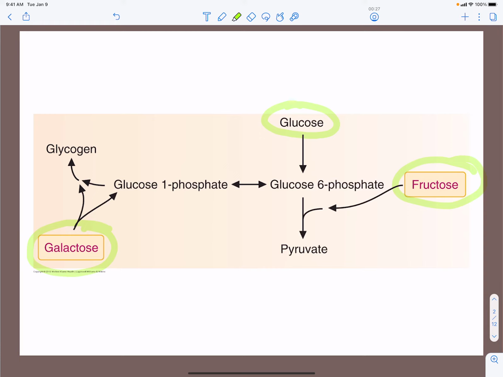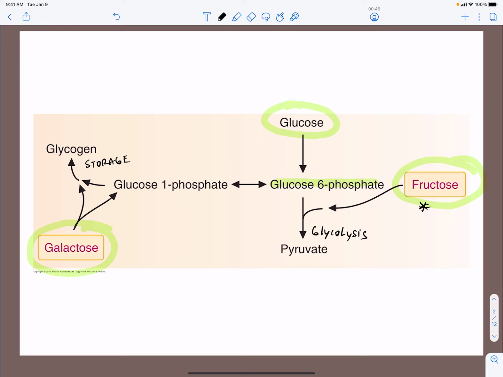And what you can see hopefully from this simple chart is that glucose is going to become glucose 6-phosphate, and it has the ability to go through glycolysis and become pyruvate, or it can go to storage and become glycogen. Now this is different than fructose.